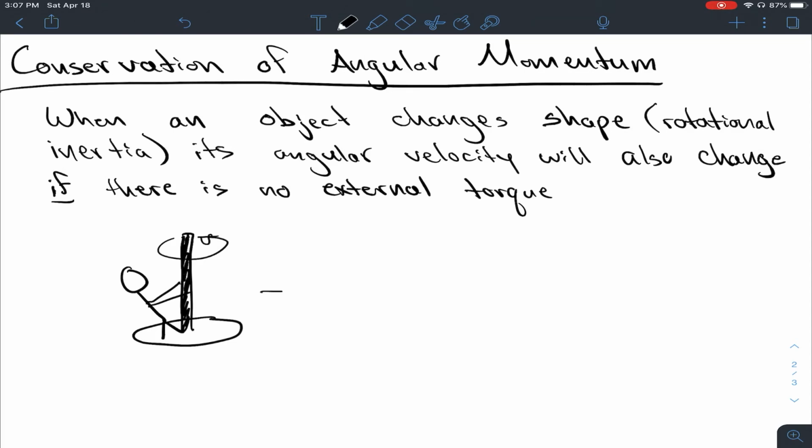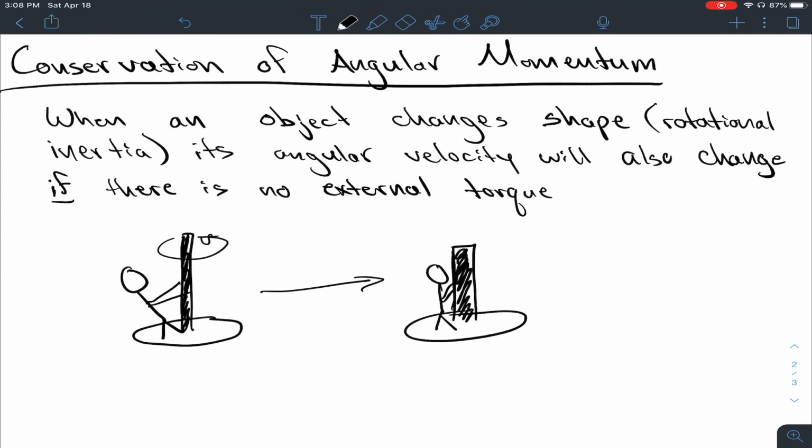If you were to pull your body inwards, your angular momentum would stay the same, but your angular velocity would not. Because as you pull yourself in closer, you are changing your rotational inertia. More of your mass is located closer to the axis of rotation, the pole that you're holding on to. What this means is that it requires less force or less energy to get you to spin around.